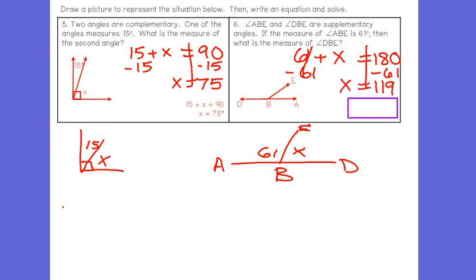Yes, it is 119 degrees. So mine was off a little bit, but it still served its purpose for me to see how to solve it. Let's take a look at the homework 1 sheet.